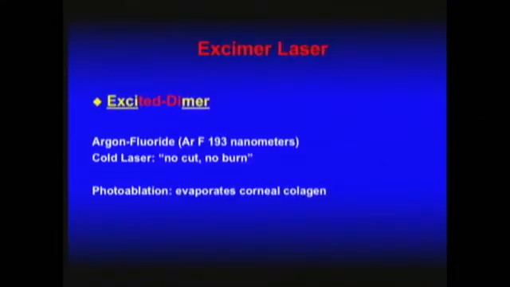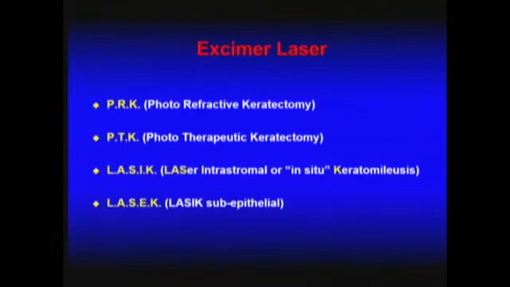Finally, we came with the Excimer Laser, as you saw, the Taboada and Troutman, and the word Excimer comes from excited dimer gas, as the argon fluoride is a cold laser, no cut, no burn. The principle is photoablation to remove corneal tissue without damaging the surrounding collagen.